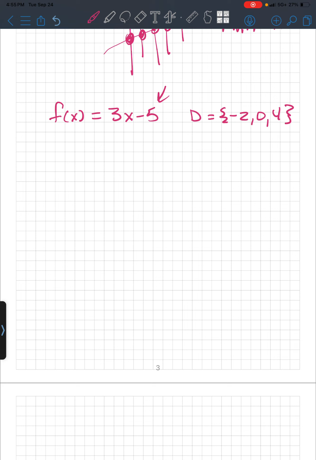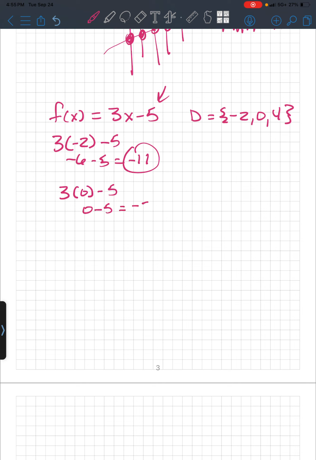So I'm going to put -2 in for x. So that gives me -6, -5, which equals -11. Okay, and then I'm going to put 0 in for x. So 0 minus 5 equals -5. And I'm going to put 4 in for x. And those are it.